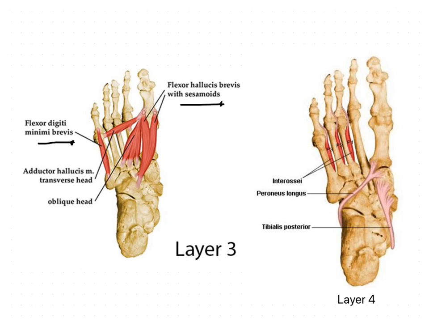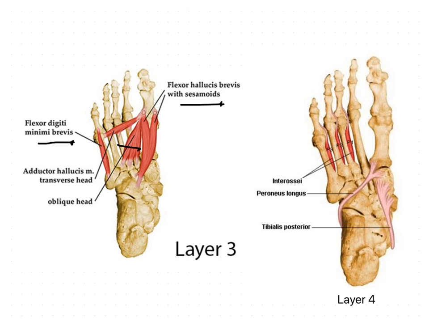In the middle we can find the adductor hallucis. So mainly we can find the abductor group in the first layer, and in the third layer we have seen the adductors.